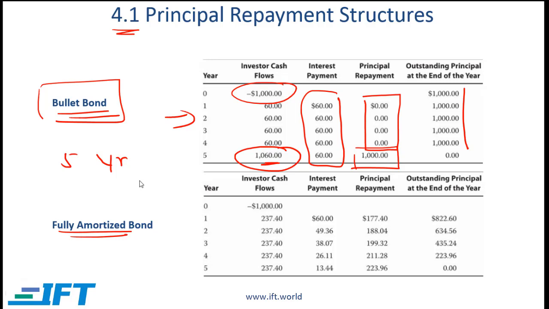Now, we are told in this question that the interest rate is 6%, and if the issuer is going to pay us an equal amount every year of 237, then this amount includes a principal repayment as well as an interest payment. And I hope you remember this from quant, but here is what you need to do.